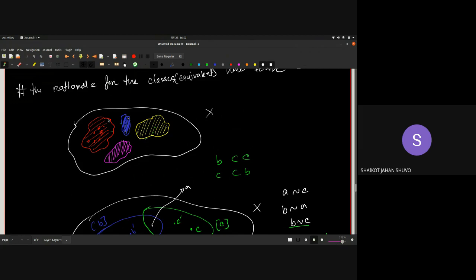And if you consider these disjoint pieces and make a new set of these equivalence classes, what you get is a set of all the equivalence classes, and that is called a quotient space.